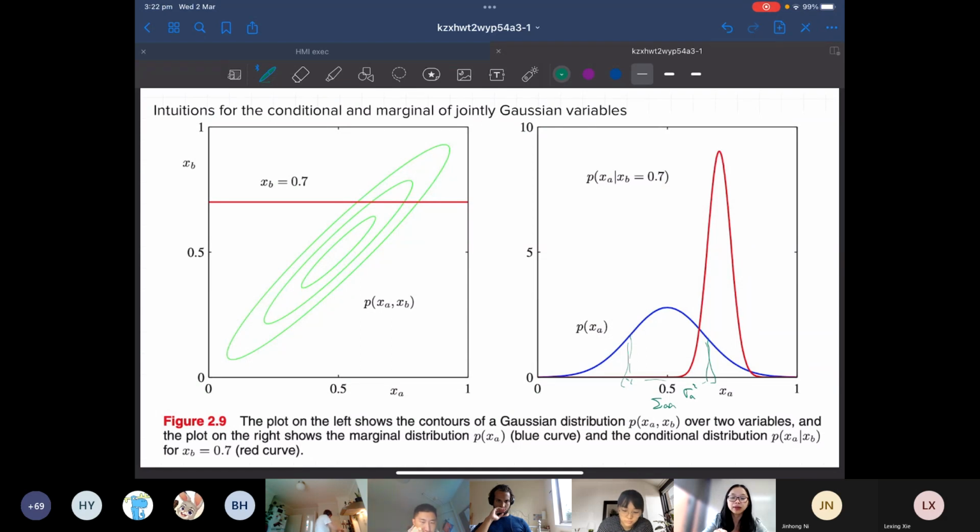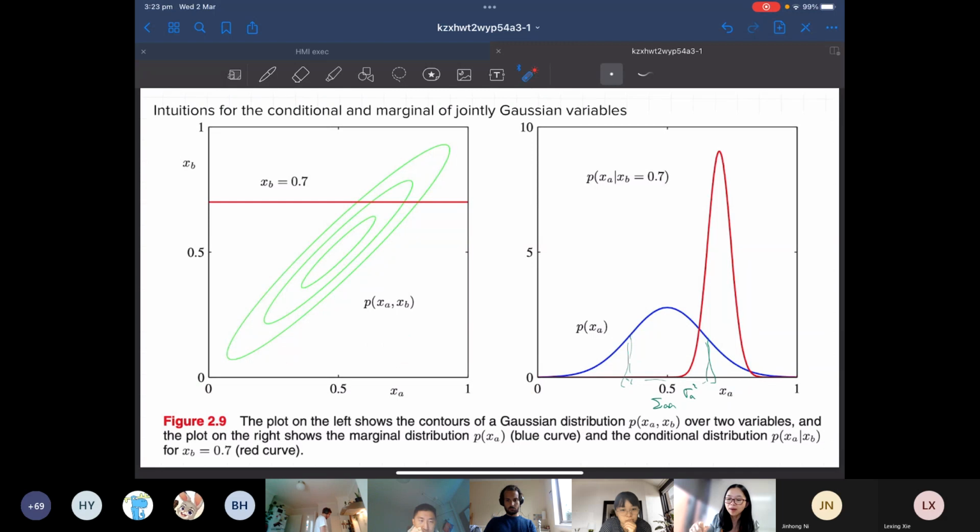So given xb equals 0.7, the conditional distribution of xa is essentially, imagine this sort of 3D mountain. We cut it at a spot, and we know that the intersection is still a Gaussian, but now the width of the Gaussian is this green part rather than this big green part as in the marginal of xa.